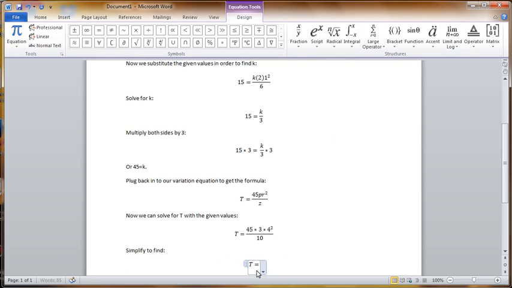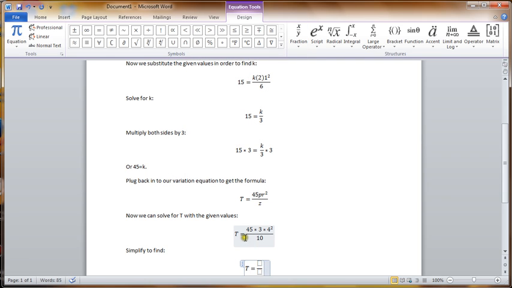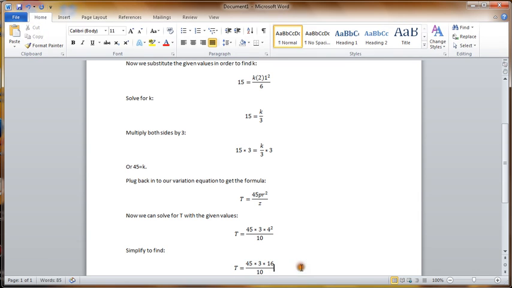So again, we have t equals the fraction. On the top, we have 45 times 3 times 16, and in the bottom, we have 10. And if you solve this, I'm just going to do it inside the same equation box.